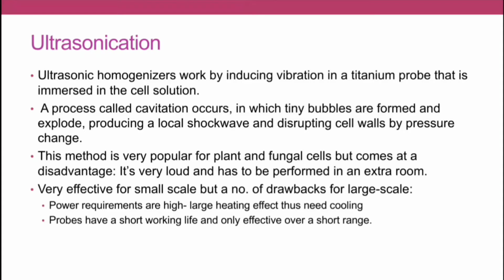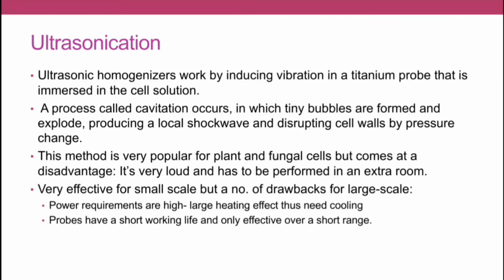Next is the ultrasonication method. Ultrasonication homogenizers work by inducing vibration in a titanium probe that is immersed in the cell solution. This process is called cavitation, in which tiny bubbles are formed and they explode, producing a local shock wave, disrupting the cell walls by pressure exchange.